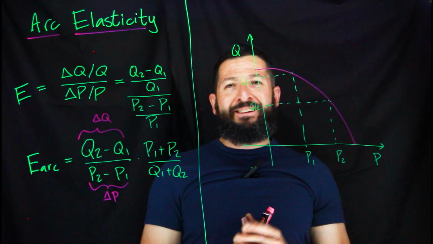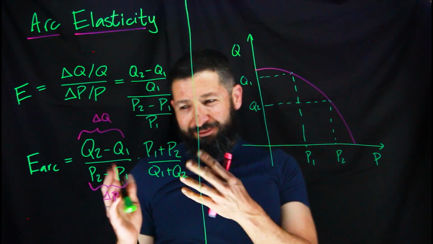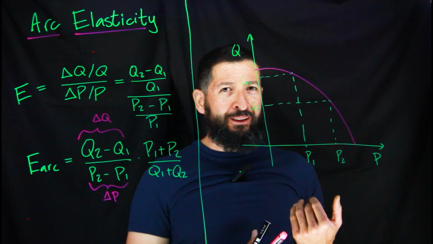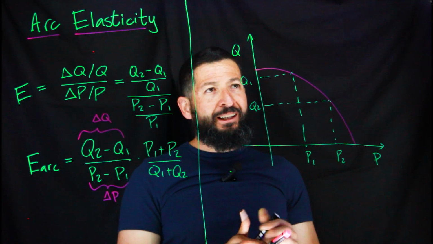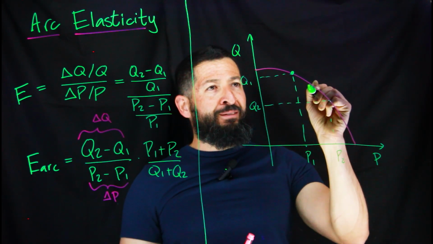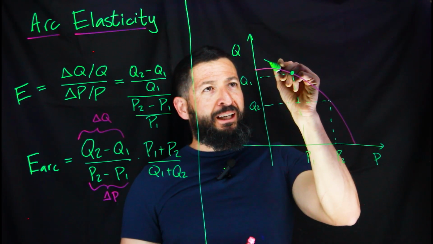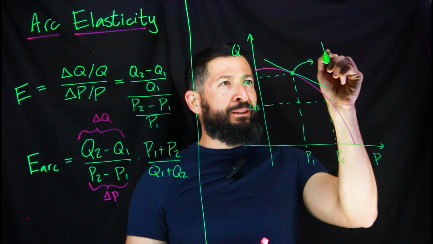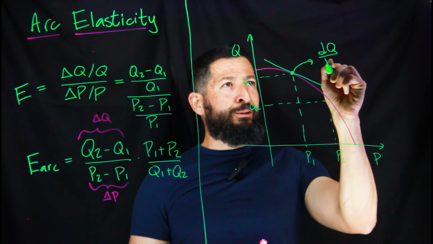All right, so one last thing about the symmetry of the arc elasticity. The point elasticity that we computed using the differential is also very symmetric. Why? Because you're eventually using one single point and the tangent line at that point. That's the quantity dq over dp that we computed.